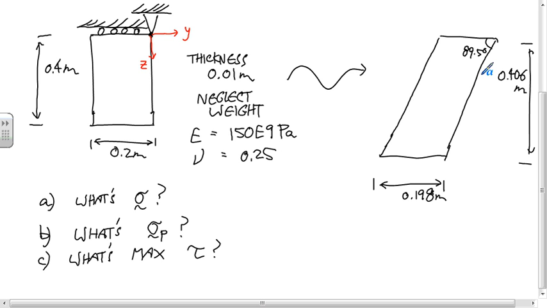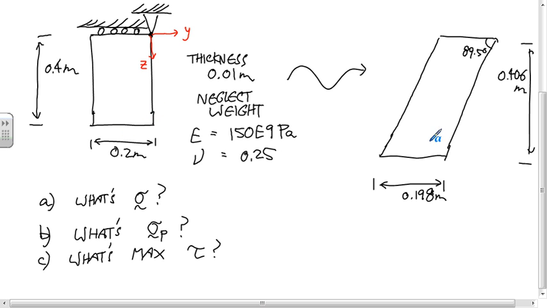And then are there going to be any shear strains? Yeah, you're just looking for places where the two positive faces are going to change angles. So the angle between the positive Y face and the positive Z face changes from 90 degrees to something bigger than 90.